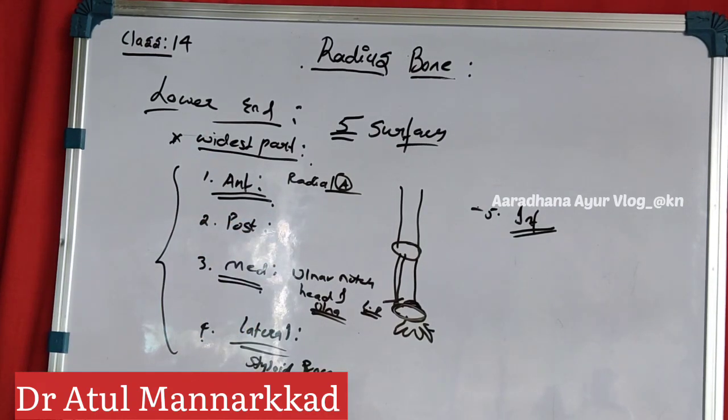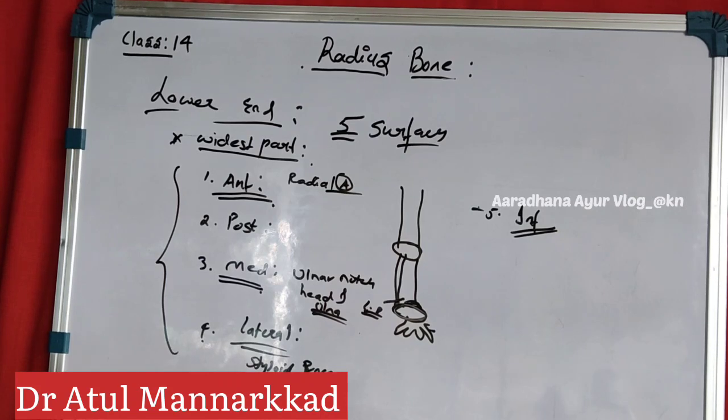Next is the inferior surface. The inferior surface bears a triangular area for the scaphoid bone and a medial quadrangular area for the lunate bone. This surface takes part in forming the wrist joint.